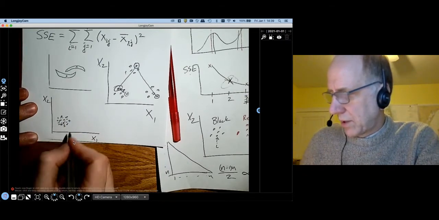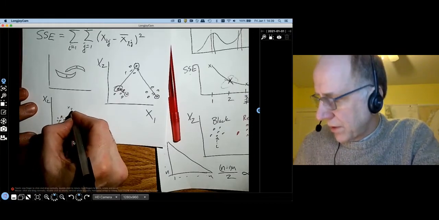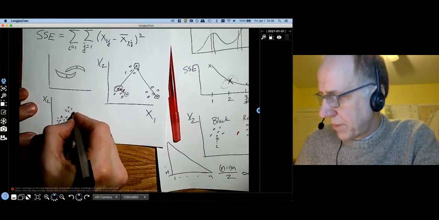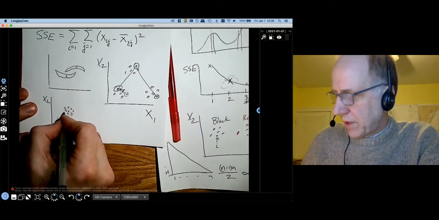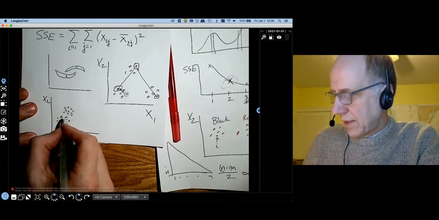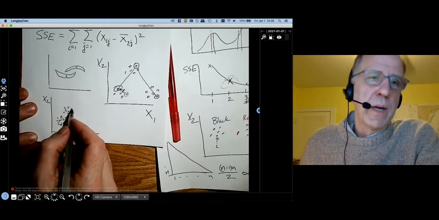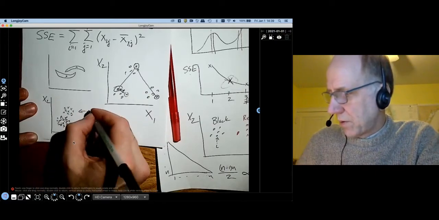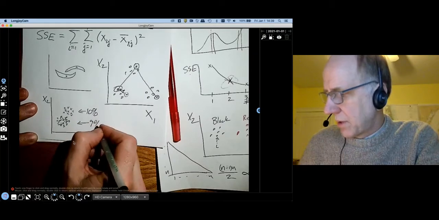So nice round cluster there. And then let's say I have another cluster out here that's fairly sparse, but it is distinct. It is another cluster. So I've got a lot more observations here. This is very dense. Let me just really fill that in. And this one only has a few cases. So maybe only 10% of my cases come here, 90% come here.